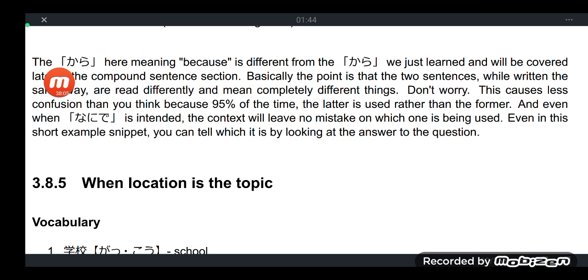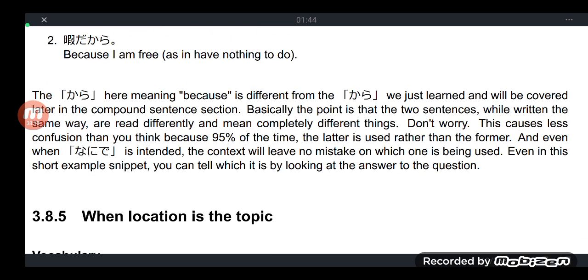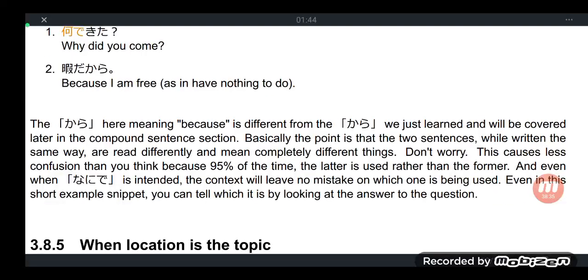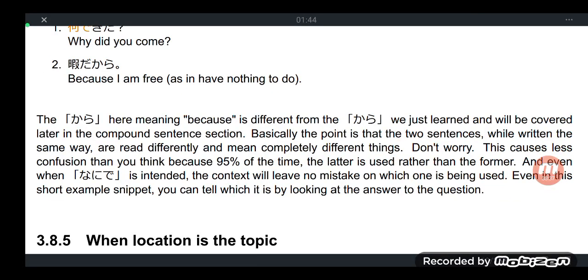So here the kara, see the sentence: nande kita, and then the second person replied with hima dakara. Hima means free time, hima dakara. Dakara means explanation. The kara here has the meaning because. It is different from the kara we just learned, and we will cover this in later lessons.